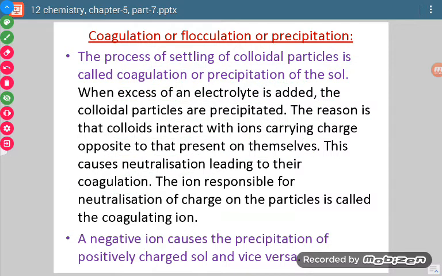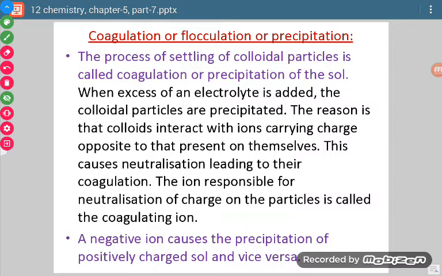Since we know that the colloidal sol particles carry some charge, when we put a particular electrolyte in it, what will happen? The electrolyte contains both positive ions and negative ions. So out of the two, one will be responsible for neutralization of the colloidal sol particles.